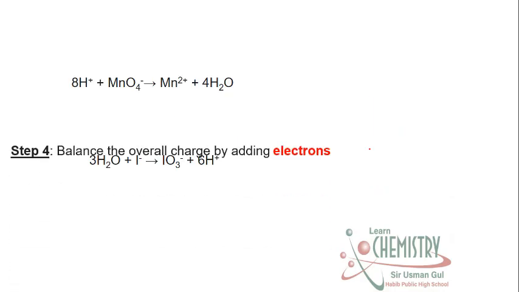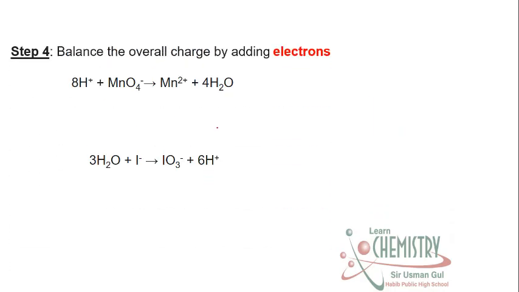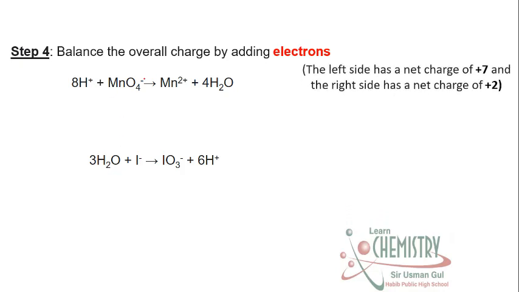In the fourth step we will balance the overall charge by the addition of electrons. To do that we need to determine how much charge is on both half reactions, on the left hand side as well as on the right hand side. In the first half reaction there is a net of +7 charge on the left hand side and +2 charge on the right hand side.